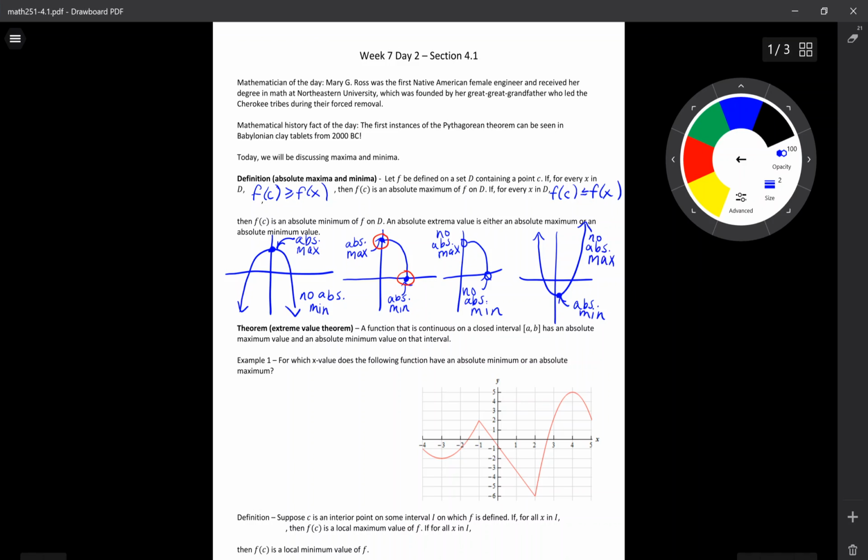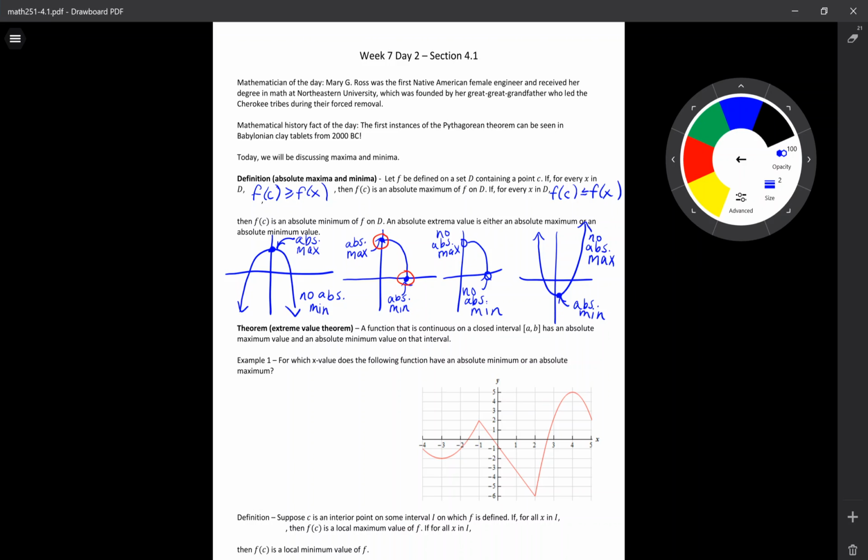So when we're dealing with absolute maxima and minima, this is the maximum or minimum point on the entire graph. So we are going to be talking about something else here in a minute that's a local maxima and minima, but absolute maxima and minima is the highest or lowest point on the entire graph for its domain.